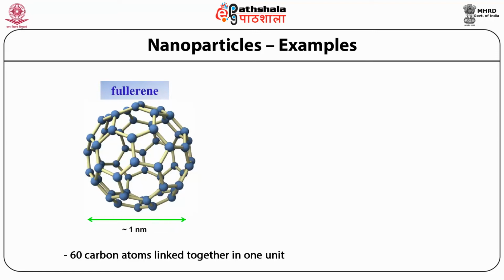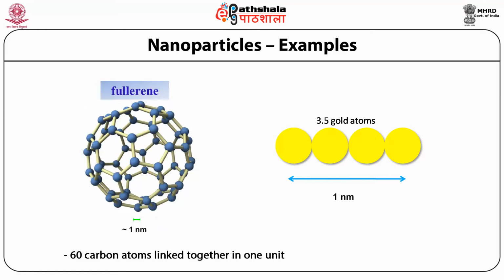Now, as you can see in the second figure, in the 1 nanometer, there are 3.5 gold atoms. So this is how the nanoparticles can be exemplified, and here you can see that in the case of gold atoms, they are positioned adjacently in a row.